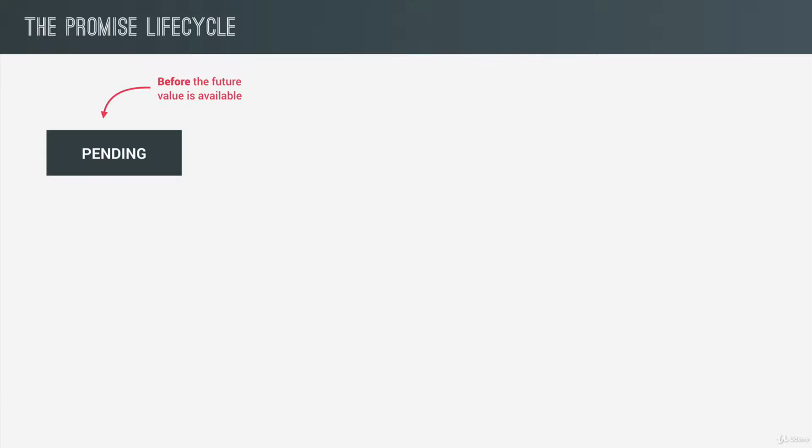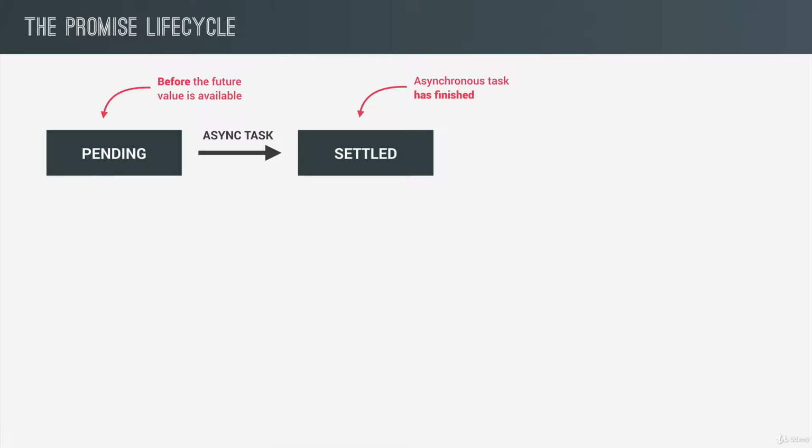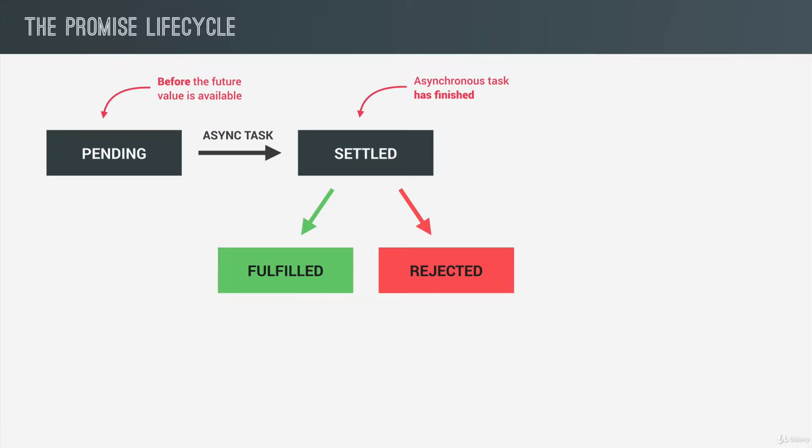Now, during this time, the asynchronous task is still doing its work in the background. Then, when the task finally finishes, we say that the promise is settled. And there are two different types of settled promises, and that's fulfilled promises and rejected promises.